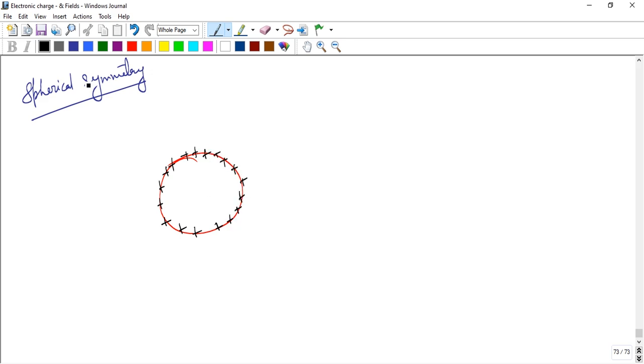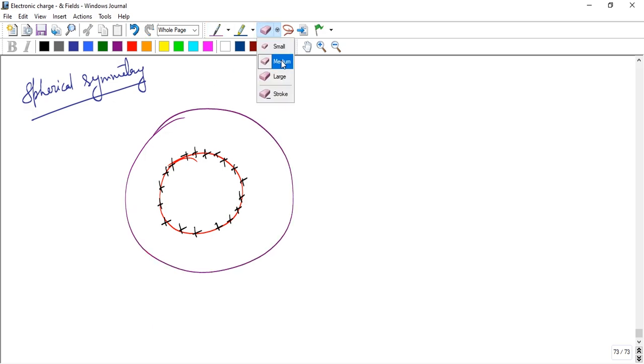Okay, and if you choose a surface outside that sphere, the radius is small r, and consider a capital R radius.